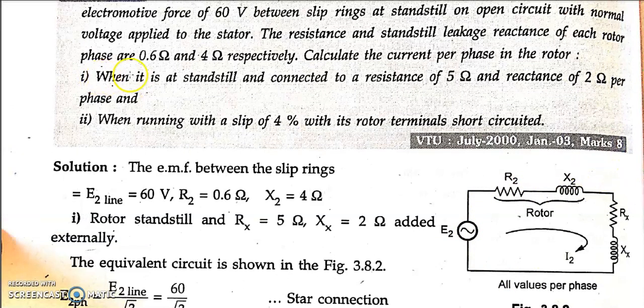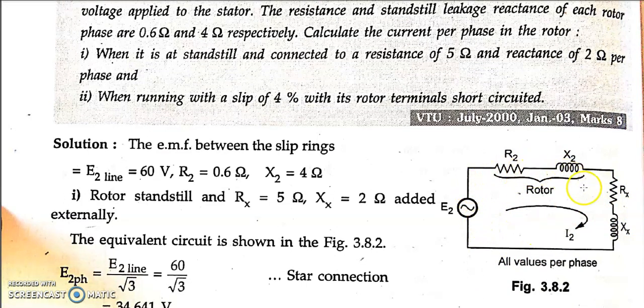In the first condition, they are going to connect a resistance of 5 ohm and a reactance of 2 ohm per phase. So I'm assuming Rx is 5 ohm whereas Xx is 2 ohm, which I'm going to connect to the rotor part. I'm going to short the circuit. By doing this there is a flow of current I2, not I2R. Why?